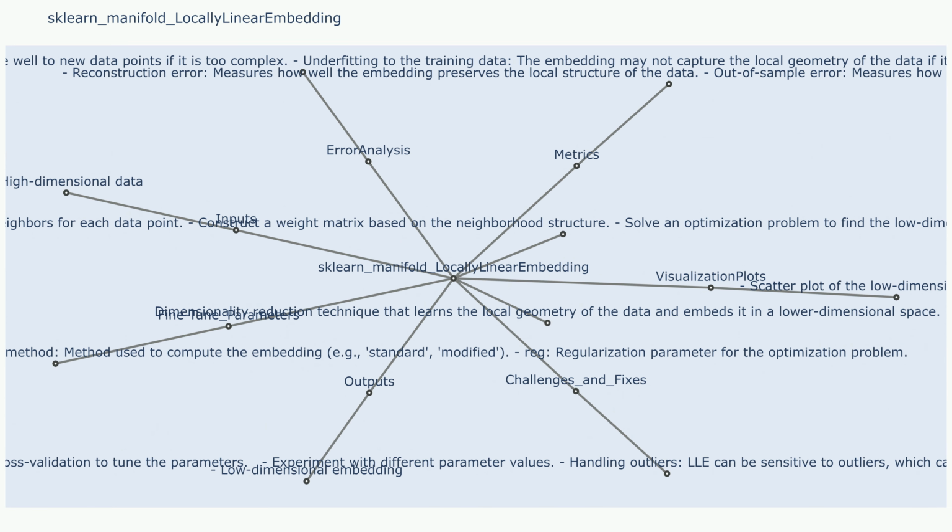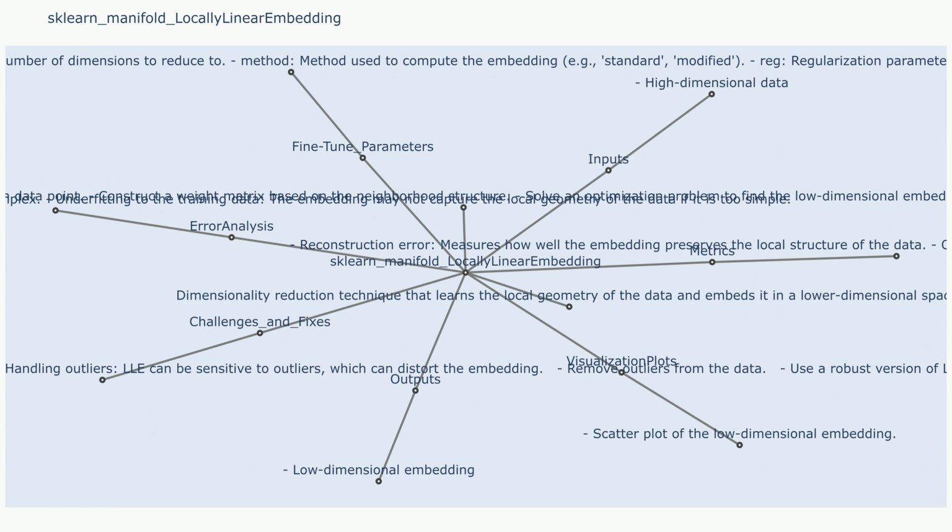Fixes to challenge 2. Dimensionality reduction. Applying a preliminary dimensionality reduction step using techniques like PCA to reduce the number of features before applying LLE. Random subsampling. Using a random subsample of the data to train LLE, which can significantly reduce computation time while still providing a reasonable embedding.